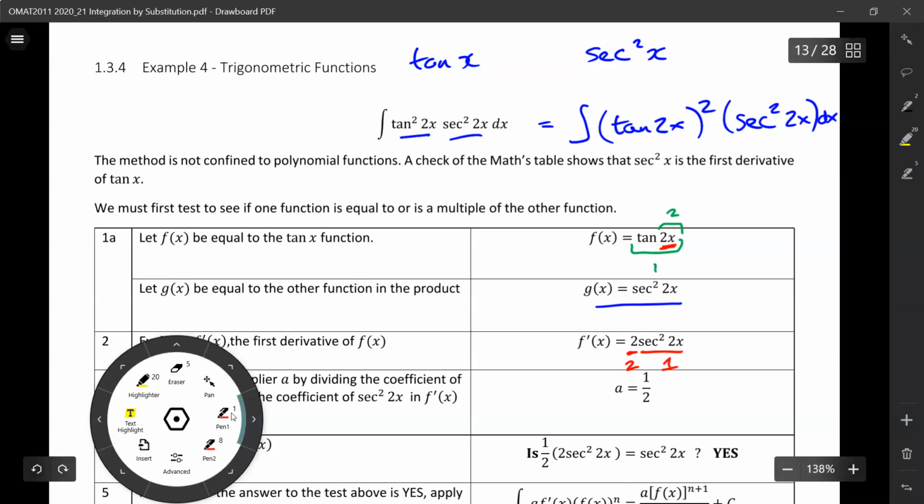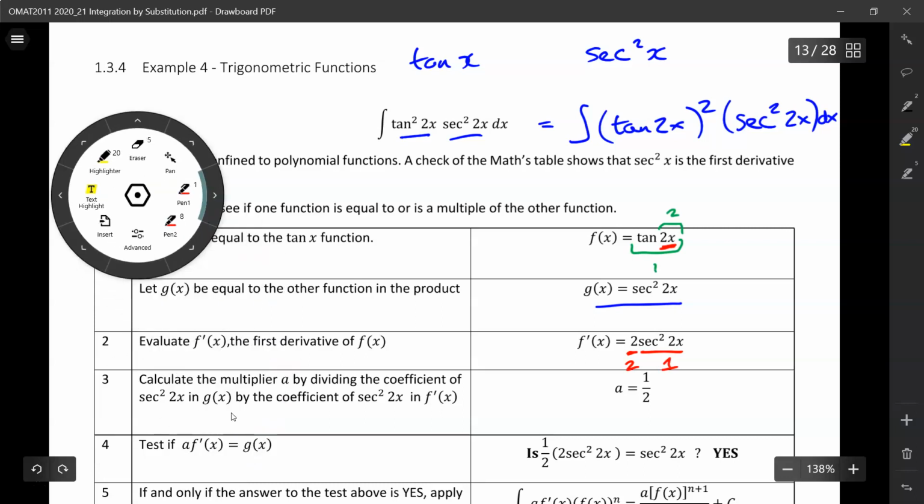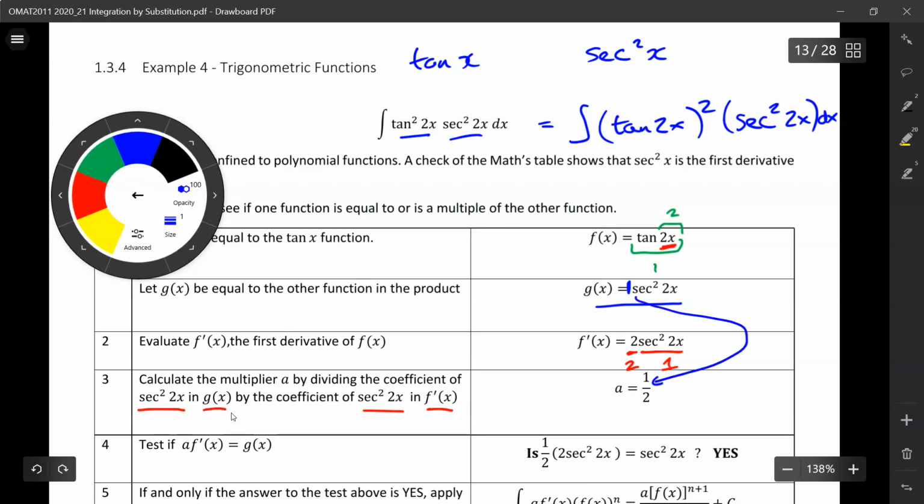Okay. So then we say calculate the multiplier by dividing the coefficient of sec squared 2x in g at x by the coefficient of sec squared 2x in f prime of x. In g of x, the coefficient is equal to 1, so that's my 1 here. And in the first derivative, the coefficient is 2. So my multiplier is a half.